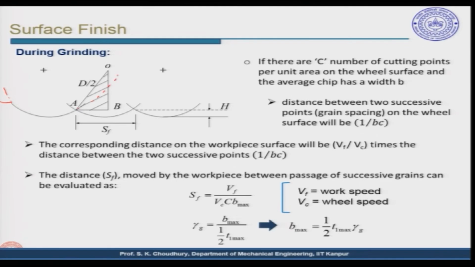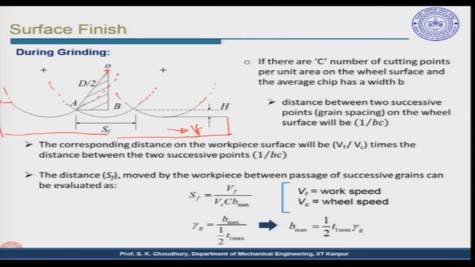This is the earlier position of the grinding wheel, and this is another position of the grinding wheel. These are the centers of the grinding wheel. Therefore, the workpiece that we will be getting will be something like this, and on this workpiece the Vf is given, that is the feed velocity.